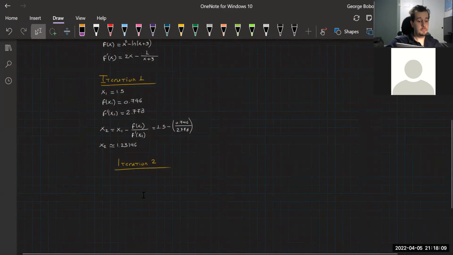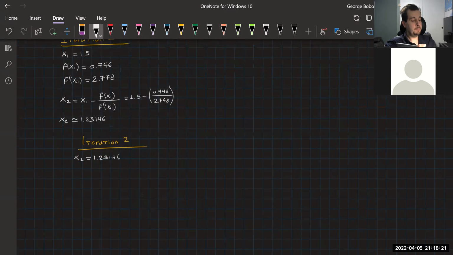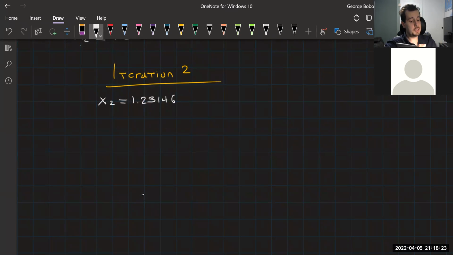And then here, Kelly, the guess in iteration 2 is what we came out with from iteration 1. In the same process, we're going to evaluate the function and the derivative to put into Newton's method.